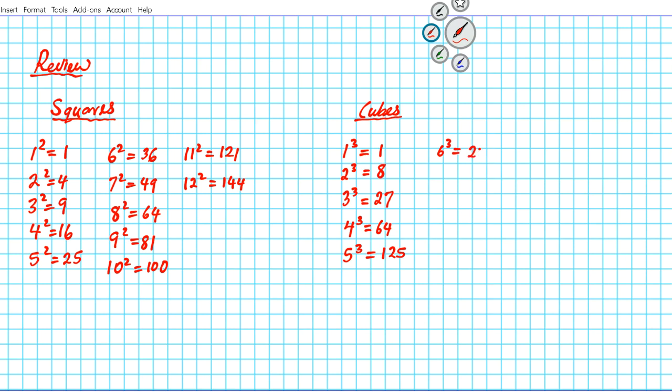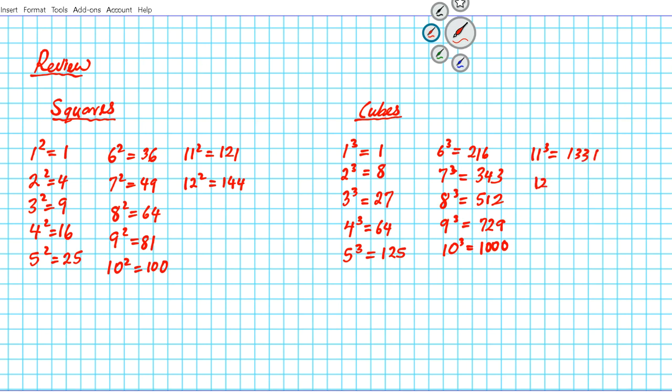times another 6, 216. 7 cube, 7 times 7 is 49, times another 7 is 343. 8 cube, 8 times 8 is 64, times another 8, that's 512. 9 cube, 9 times 9 is 81, times another 9 is 729. 10 cube, 10 times 10 is 100, times another 10 is 1000. 11 cube, 11 times 11 is 121, 121 times 11 is 1331.